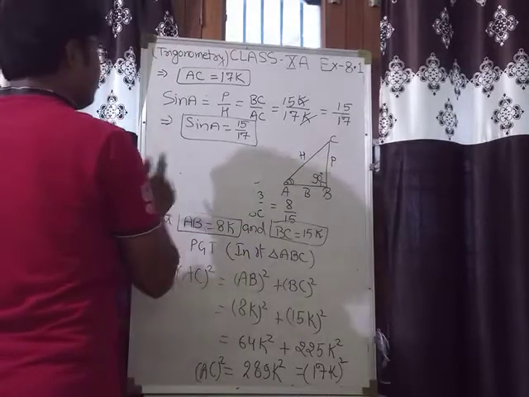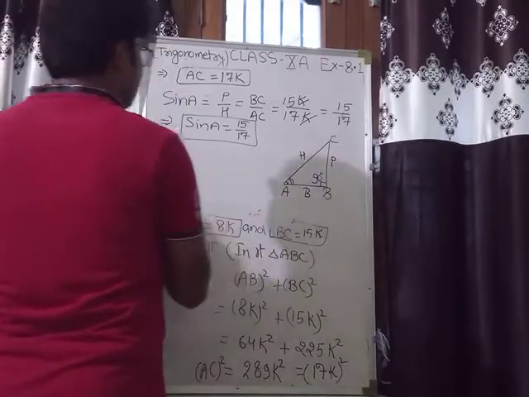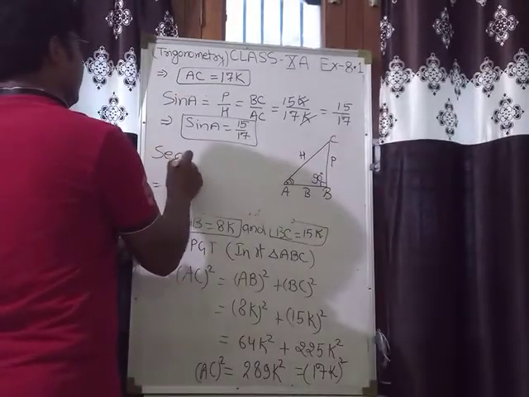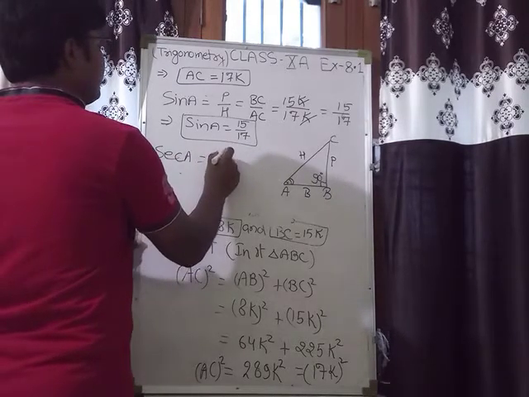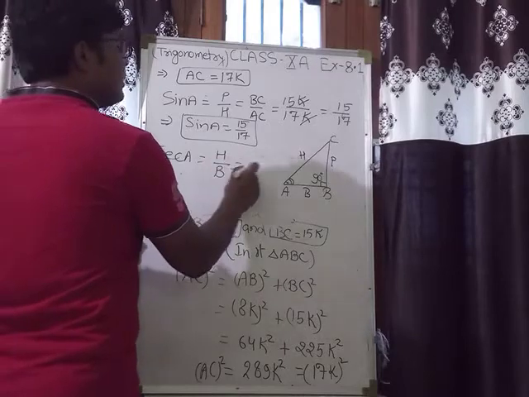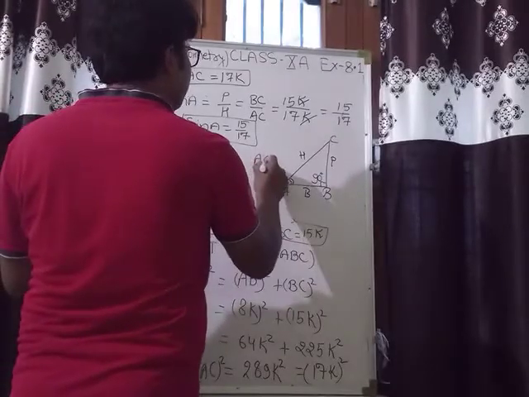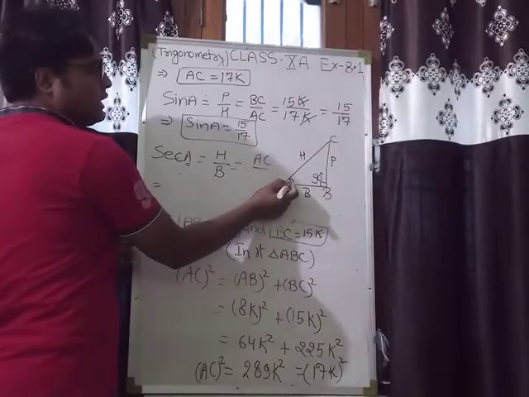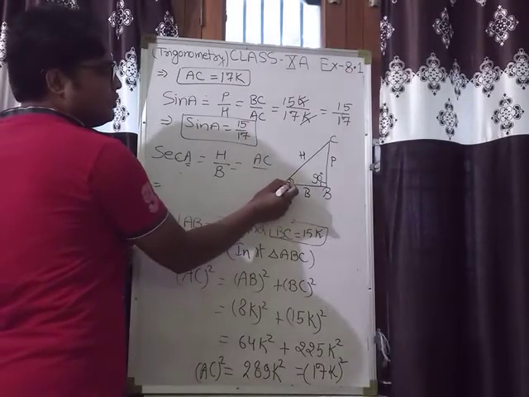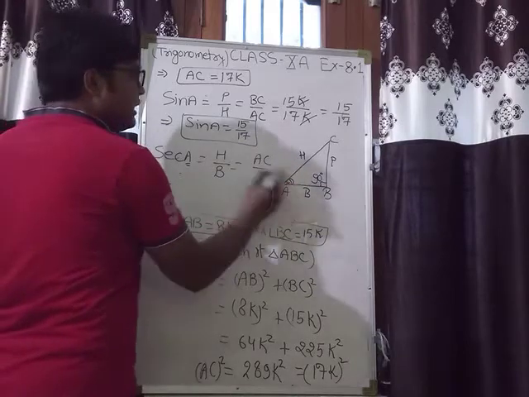Now sec A. We know that sec theta is equal to hypotenuse upon base. In this case hypotenuse is AC, and because we are talking about angle A, the base will be adjacent to this angle A, that is AB.